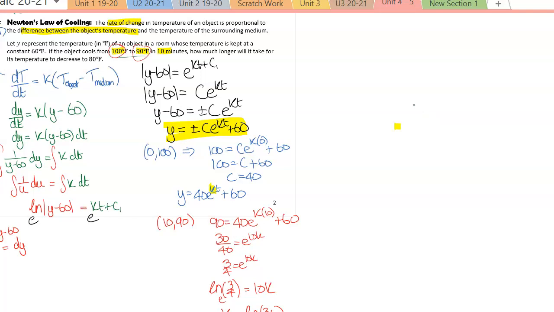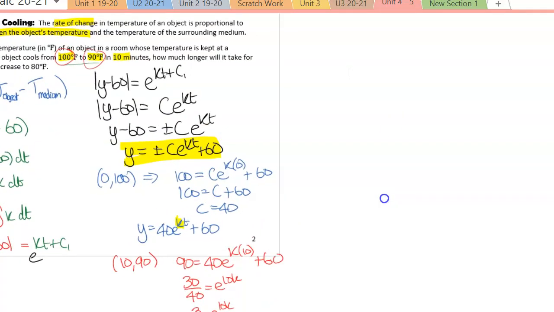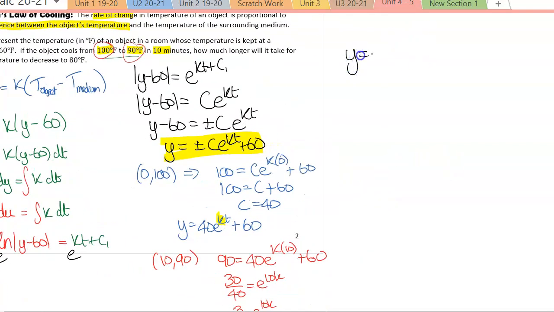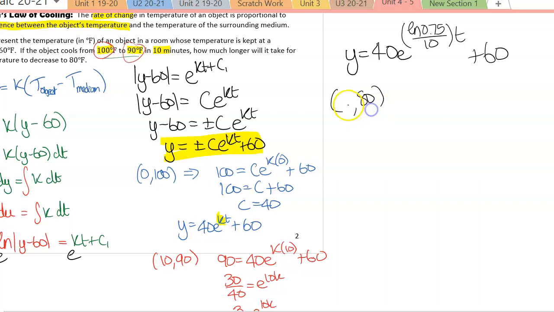We're going to finally find our answer. So we have this equation, y equals 40 e to the power of natural log of 3/4, which is 0.75, over 10, times t, plus 60. Now we want to find how long it will take. What is this t value?